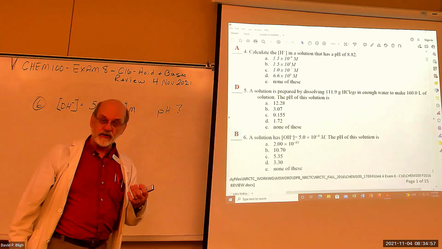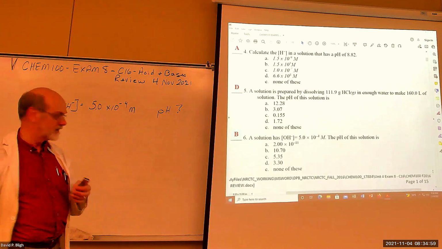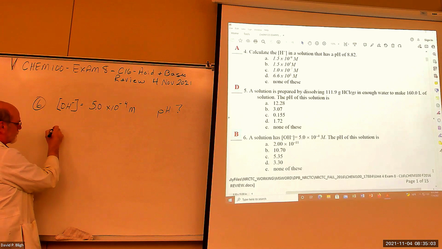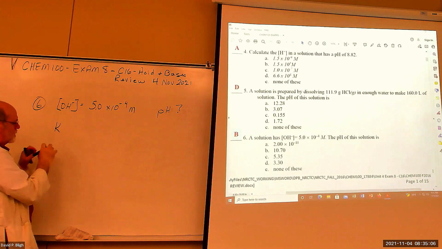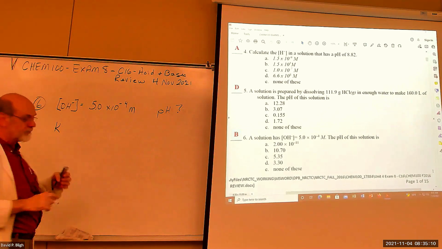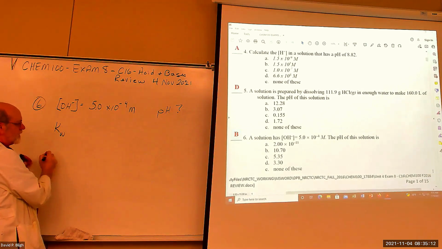But you can also do a pK for, if this is the K value, and then actually we give it a different subscript for water. It's special, a Kw.